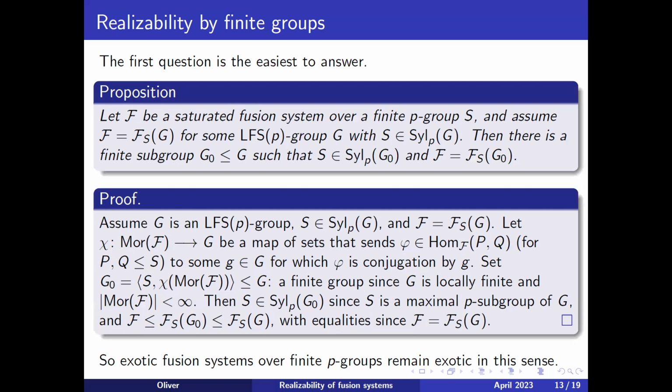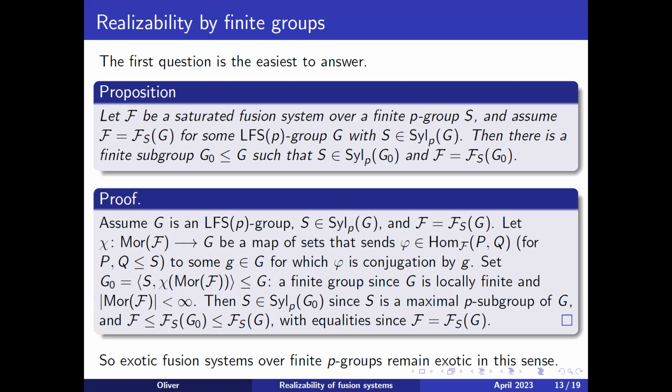The category F has only finitely many morphisms. So we choose one element of G that induces each morphism of F under conjugation. And then the finite set, the elements of S together with these elements, generate a finite subgroup G_0, which has the same fusion system.